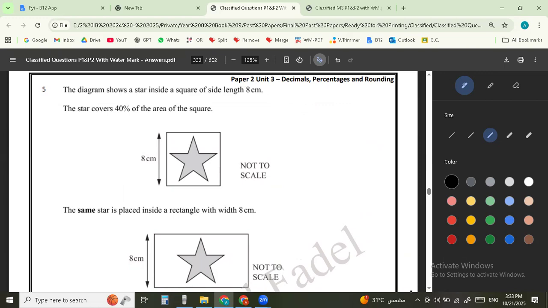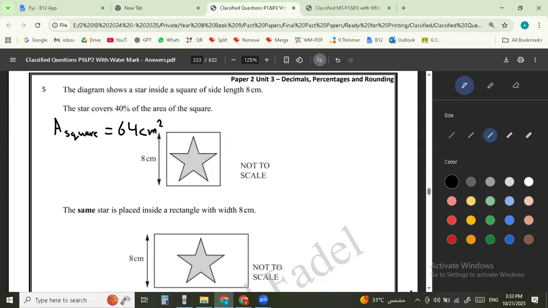The question is not over, but before I go down, I need to find first what is the area of the square, to find 40% of it. Area of the square is side by side. So A, area of a square, equals 64 centimeters squared, right?